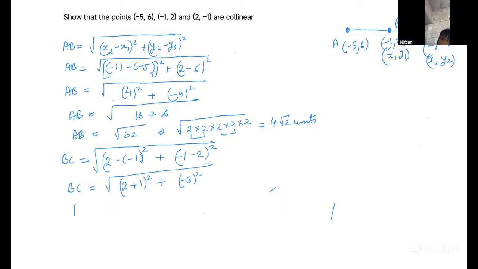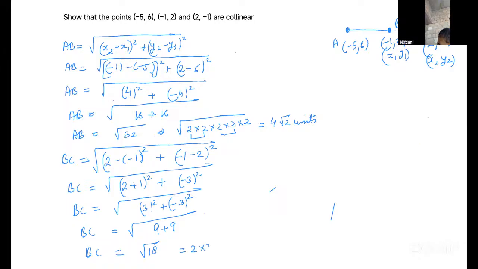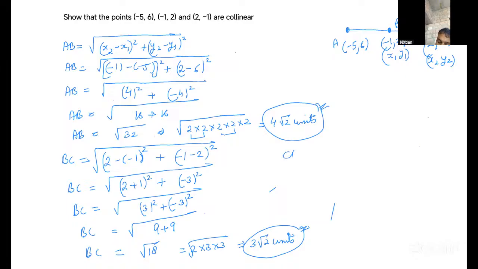So BC will become root of 9 plus 9, which is root 18, and it can be written as 2 into 3 into 3. It will become 3 root 2 units. Yes or no? Now if I take out CA.